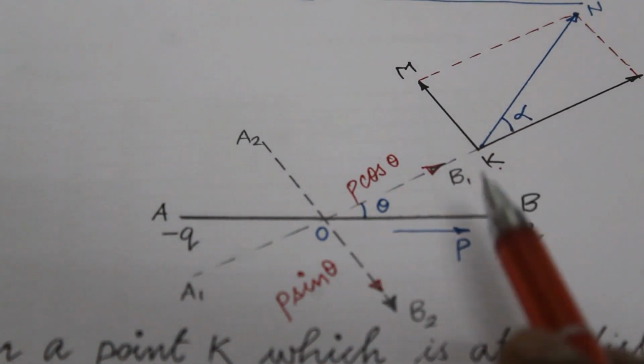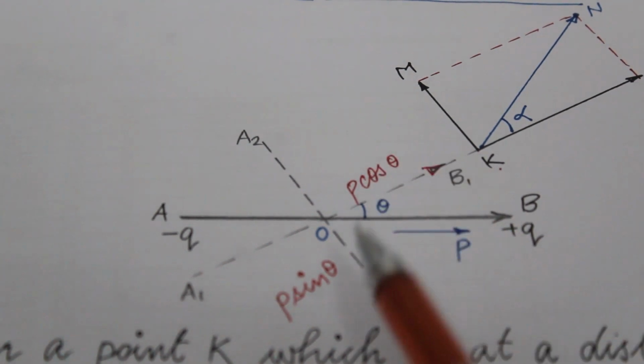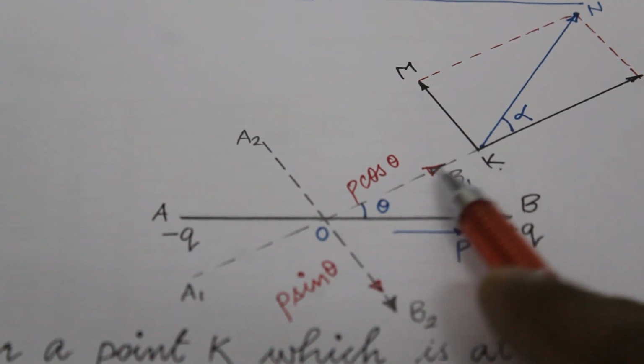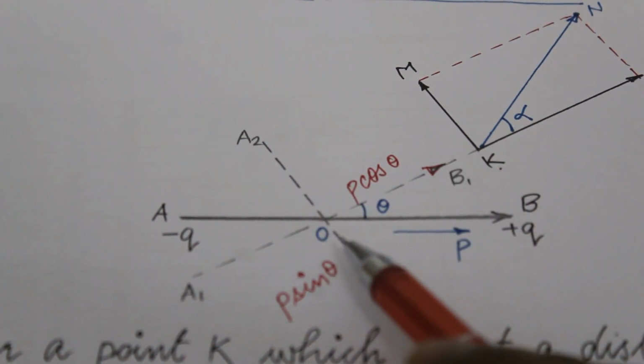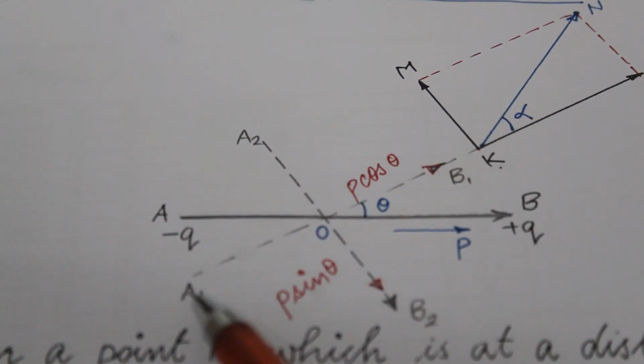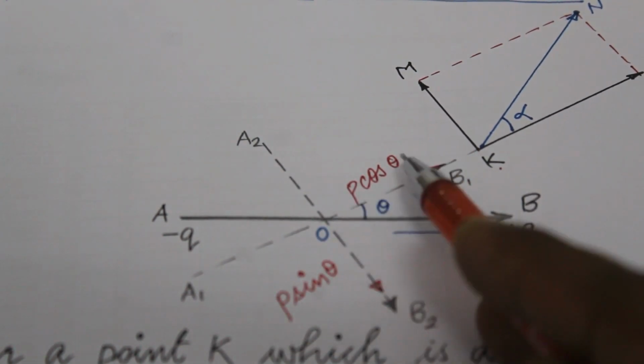So I have divided the dipole moment into its cos component and its sine component. Since the angle theta is here, this line will be P cos theta and this line will be P sine theta. Now let us assume that there is a dipole A1B1 whose dipole moment is P cos theta.